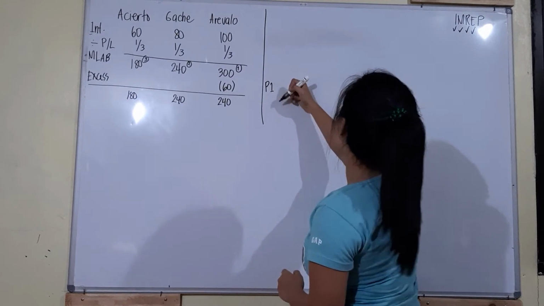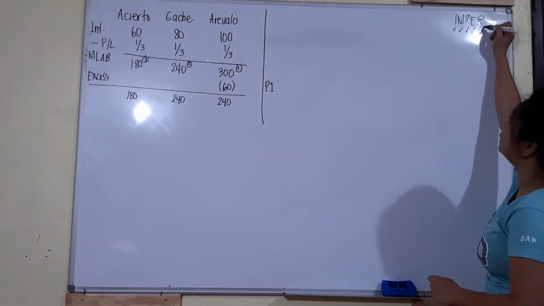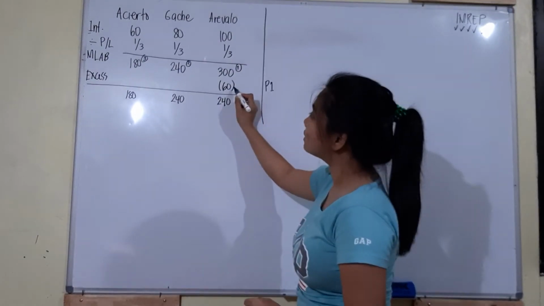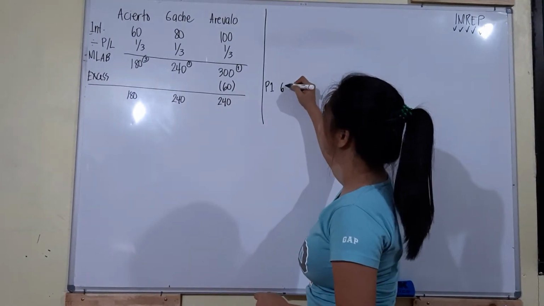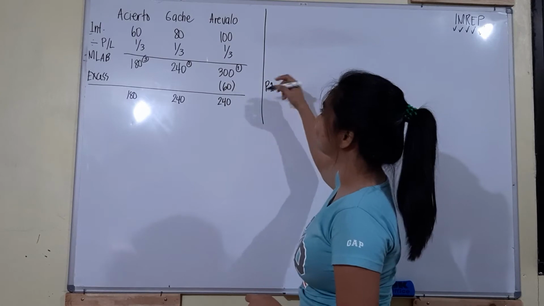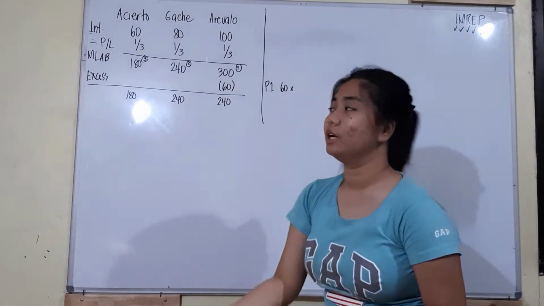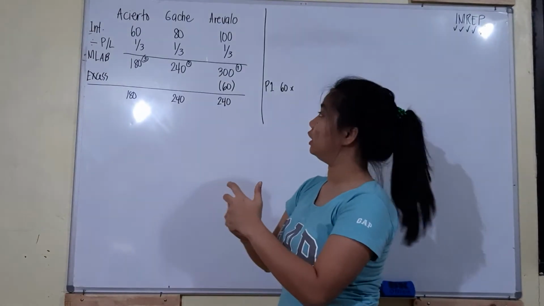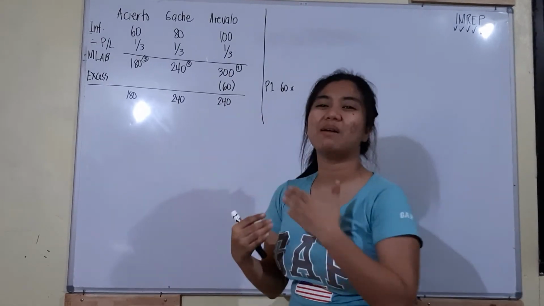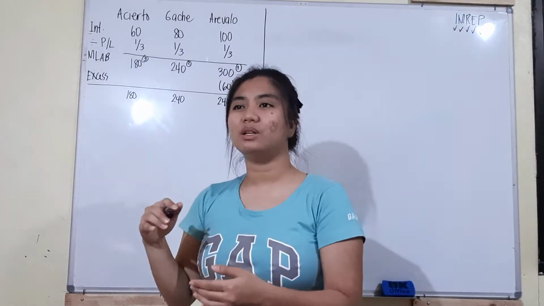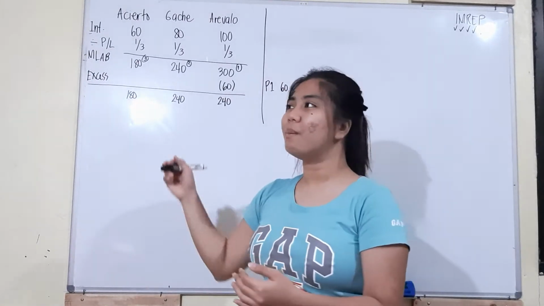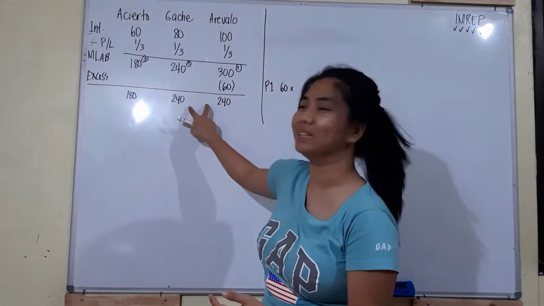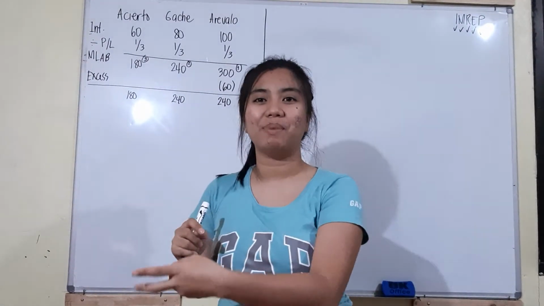So, to compute for the priority, ito na yung letter P. So, P stands for priority. So, ang gagawin mo dyan, yung excess na 60, i-multiply mo ngayon sa kanyang profit and loss ratio. Kasi diba, parang ganito yung ginagawa niya. Sabi niya, ako yung pinakamataas. So, kung papantay ako dito sa pangalawa, bago ka maka-receive, kasi makaka-receive ka lang pag nagpantay na tayo.